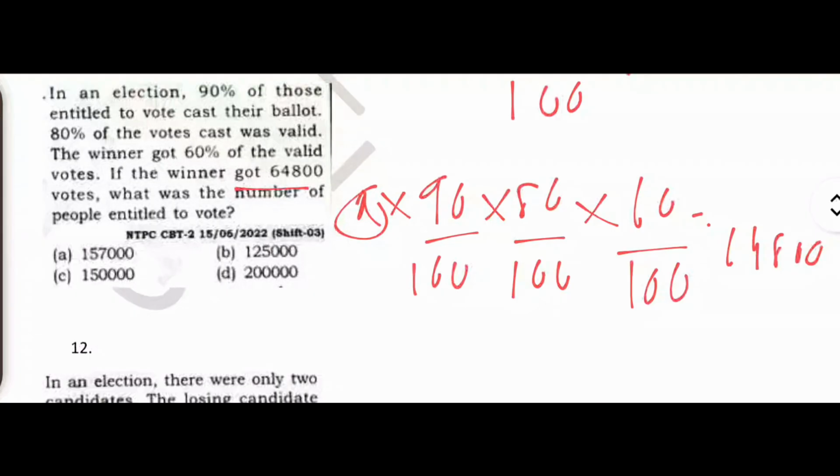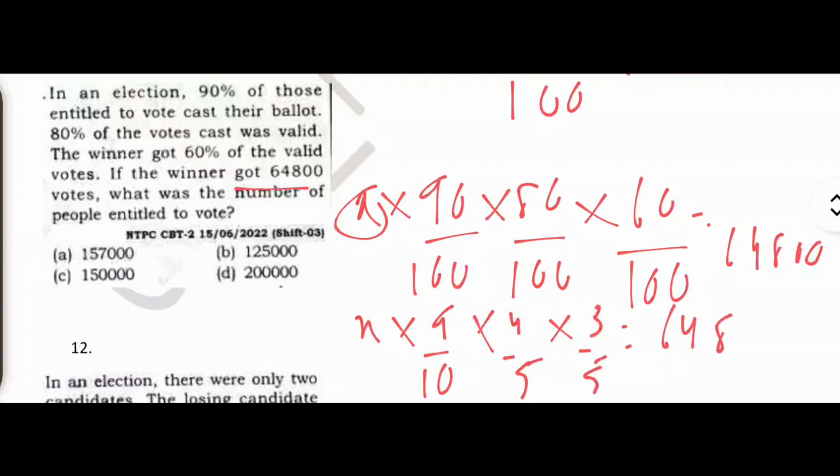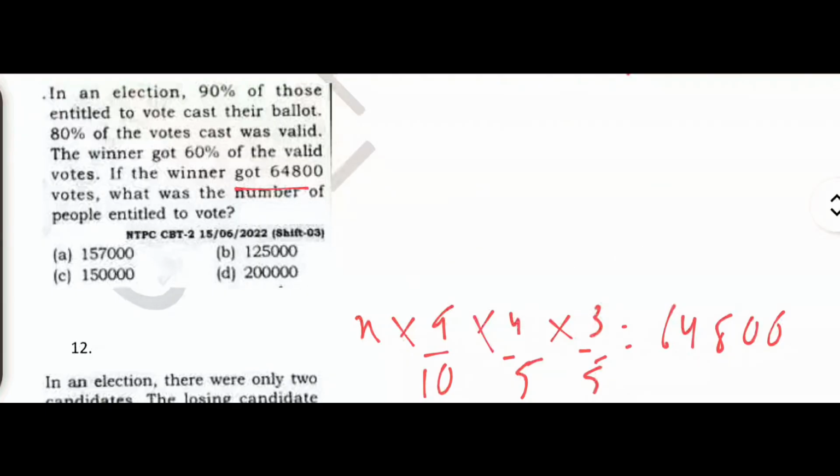very simple. x into 9 by 10, 4 by 5, into 3 by 5 is 64800. Okay, so what do we have? 4 16s are 64, 4 2s are 8, 0 0. 3 5s are 15, 3 4s are 12, 0 0, 9 6s are 54, 0 0.